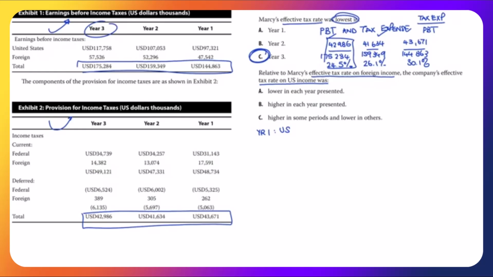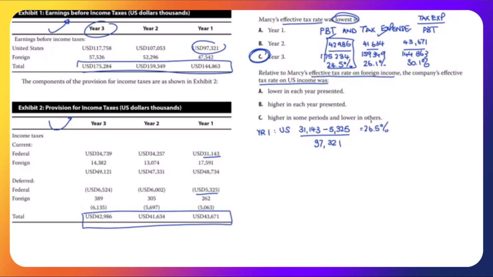Well, for year 1, that would be 31,143 less deferred of 5,325. It's in parentheses, it reduces it. Divided by US earnings, 97,321. That would be 26.5.